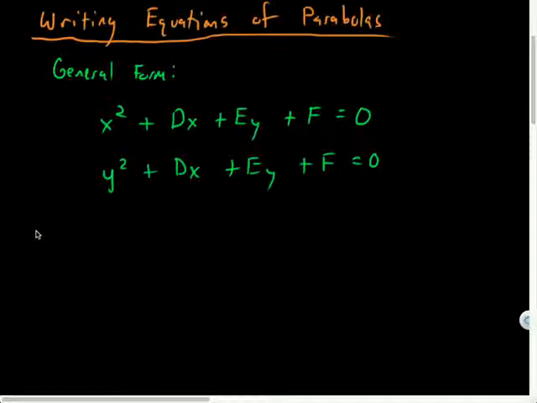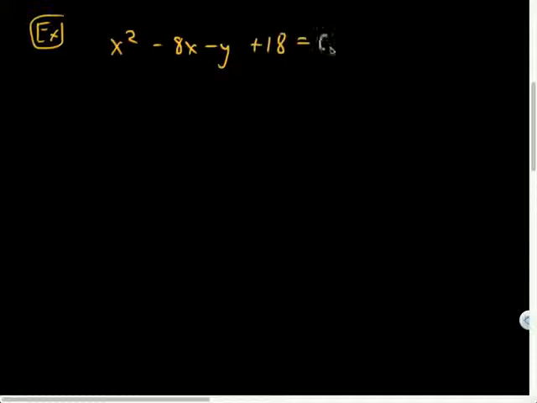So let's do a problem where we start with general form and then have to write it into standard form. Let's say I've got x squared minus 8x minus y plus 18 equals 0.